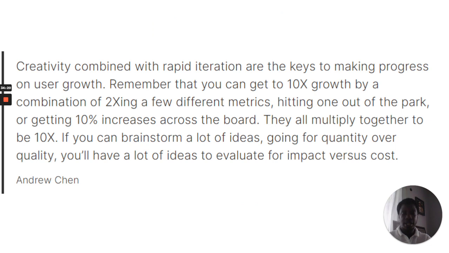Andrew Chen states that creativity combined with rapid iteration are the keys to making progress on user growth. Remember that you can get to 10x growth by a combination of 2xing a few different metrics. Like I said at the beginning of this module, Amazon did not growth hack the way maybe Dropbox did.